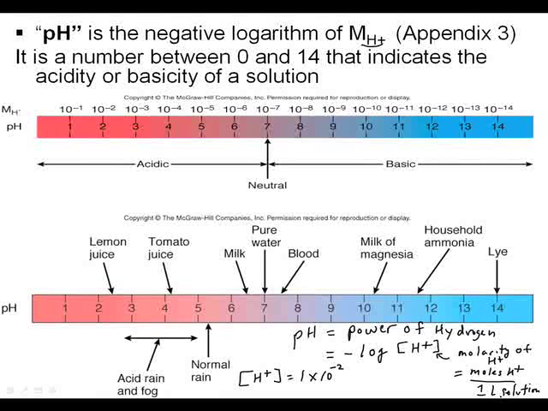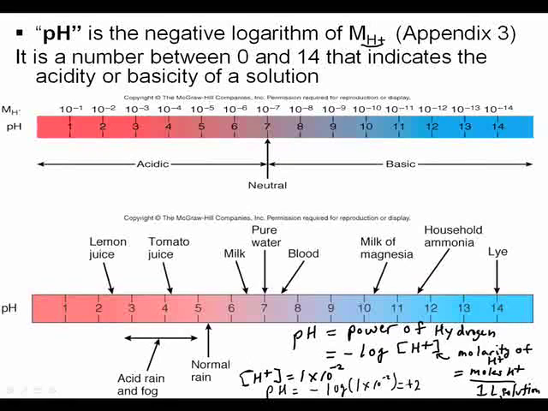The pH is going to be equal to the negative log of 1 times 10 to the minus 2, which equals negative 2, times the negative. So it becomes positive 2. Because it is the power of 10 that you have to raise this number to get this number, times a negative sign.